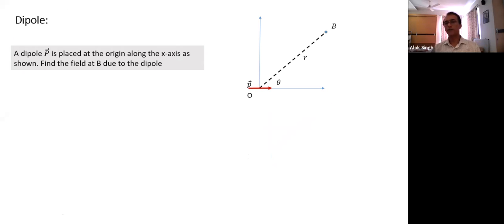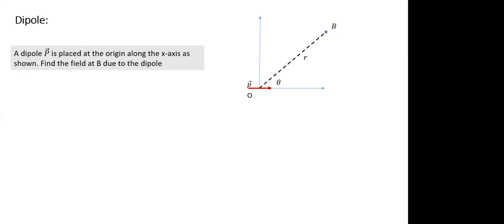Now, can we apply this concept here to calculate the field in this case? What we find here is that the dipole moment is placed along the x-axis. We need to find the field at a point B at a distance r, which makes an angle theta with the axis of the dipole. How would I find the field at point B? Sir, can we resolve the dipole into components? Correct.